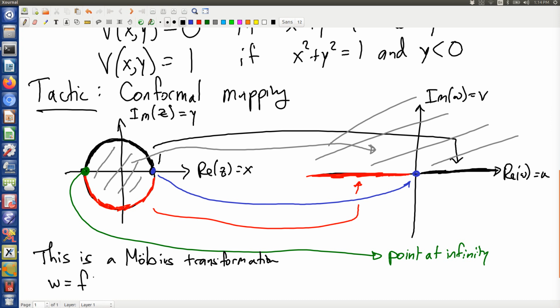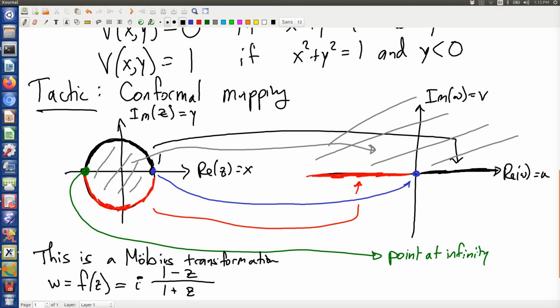W is equal to f of z. I times, well, I want a 0 at z equals 1, and I want a pole at z equals -1. So that transformation that I've written there will affect this conformal mapping.